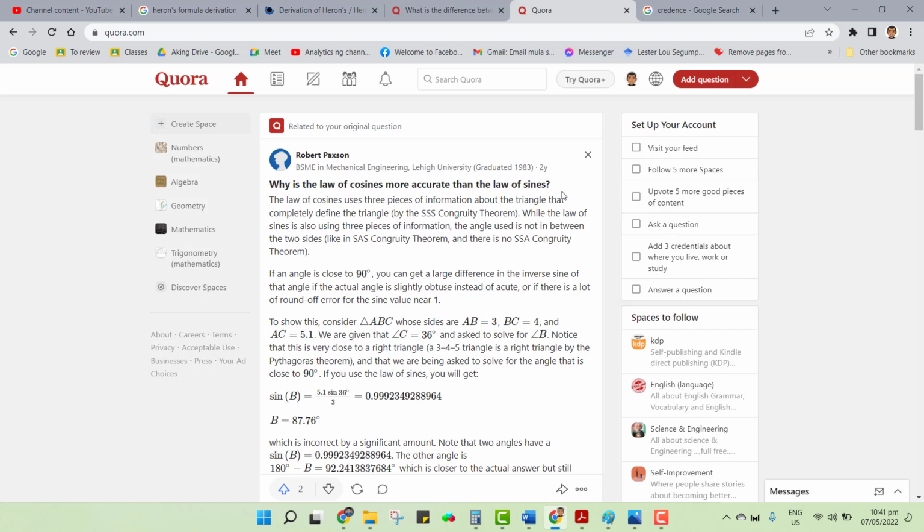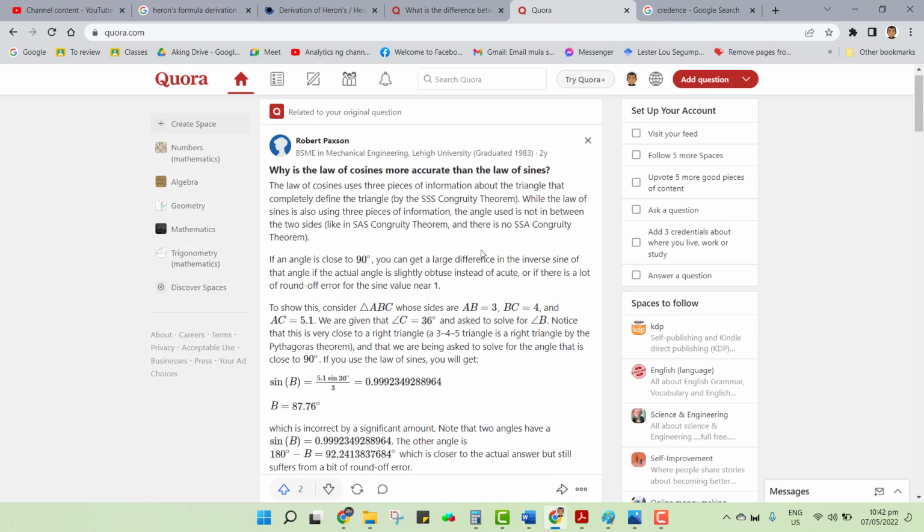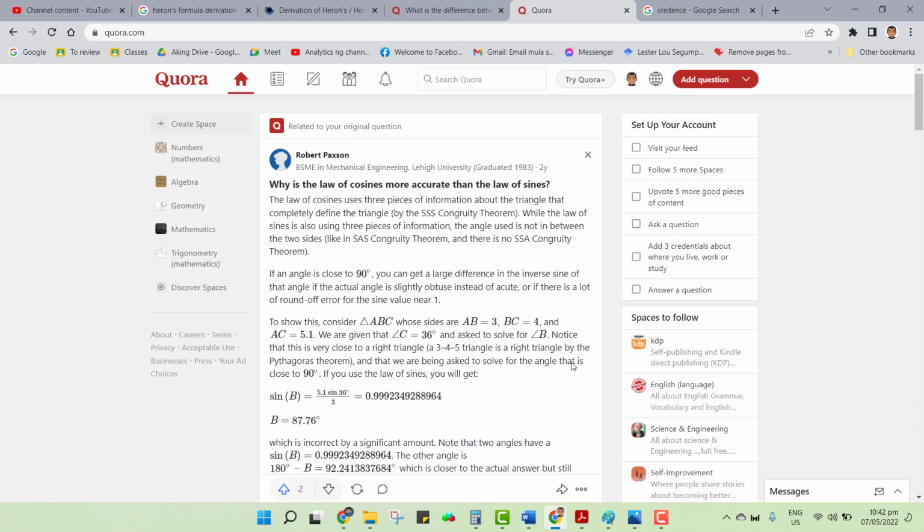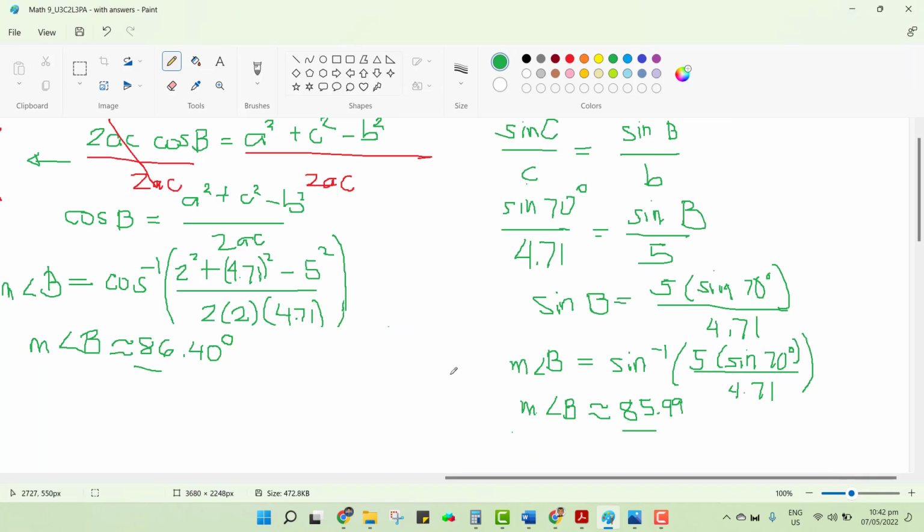But for situations like SAS, when an included angle does not have any measurement of its opposite side, it would be better if we stick with the law of cosines as it is more accurate. You may want to read this if you would like to. Let me proceed to the problem at hand.